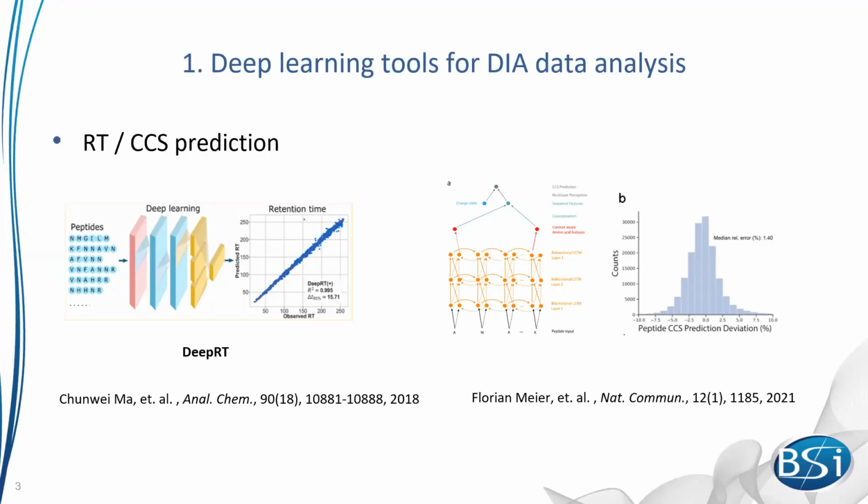Surprisingly, the correlation between predicted retention time and observed retention time reached 0.99. That brings the identification to the next level.